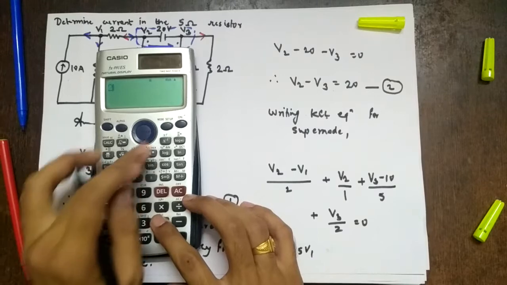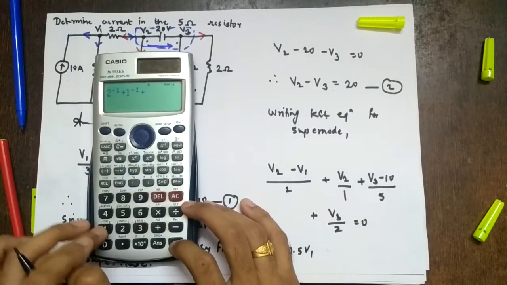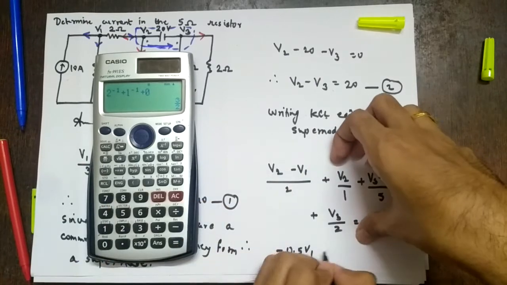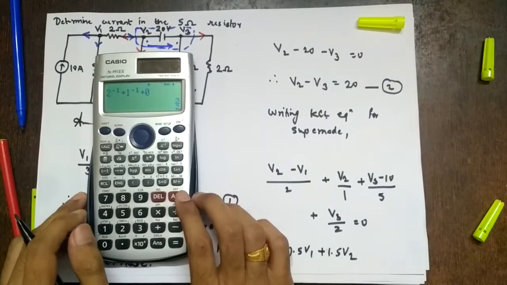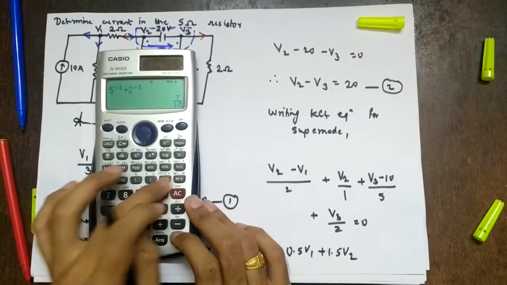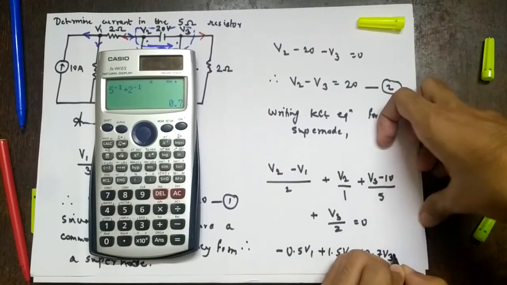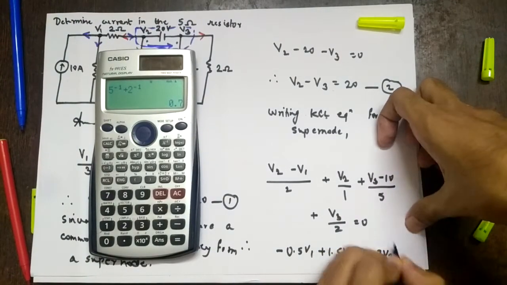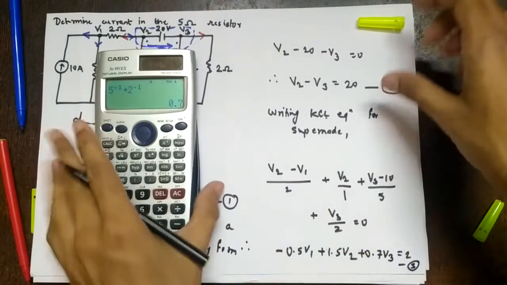Then V2 is 2 inverse plus 1 inverse, so 3 by 2, which is 1.5 V2. Then 5 inverse plus 2 inverse, so 0.7 V3. Minus 10 by 5 is minus 2, so equal to 2. This is equation 3.